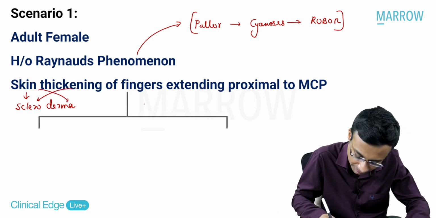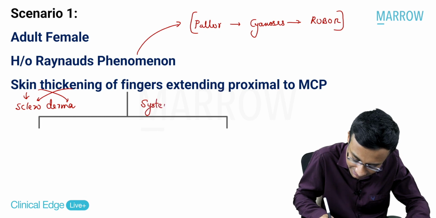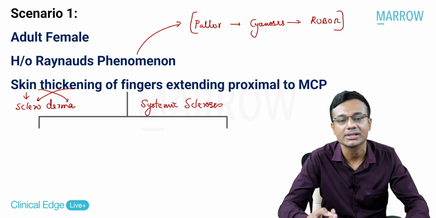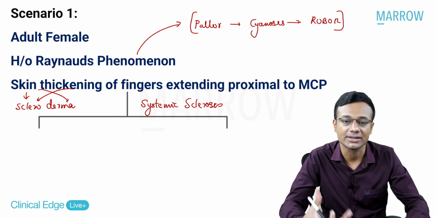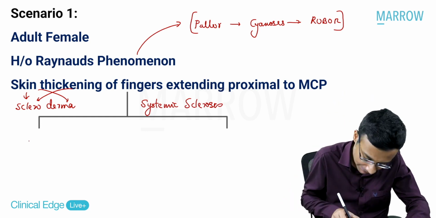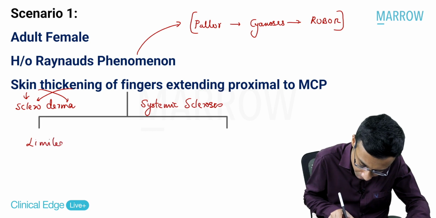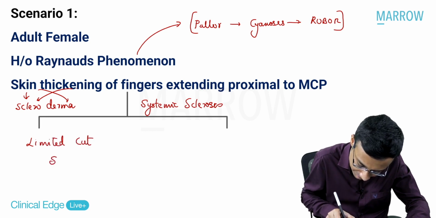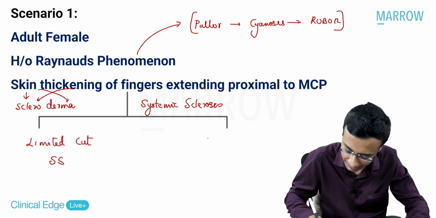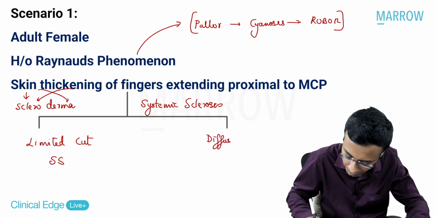So we are thinking about a disorder called systemic sclerosis, and we know systemic sclerosis is classified into two types: limited cutaneous systemic sclerosis, and the second one is diffuse cutaneous systemic sclerosis.